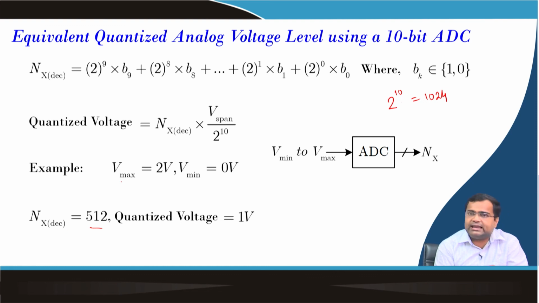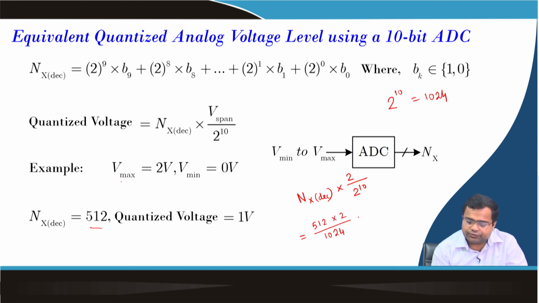Now, Nx in decimal is 512, the resolution is the span 2 divided by 2 to the power 10. So, it will be 512 into 2 divided by 1024, which is equal to 1 volt. So, that means the quantized voltage is 1 volt.